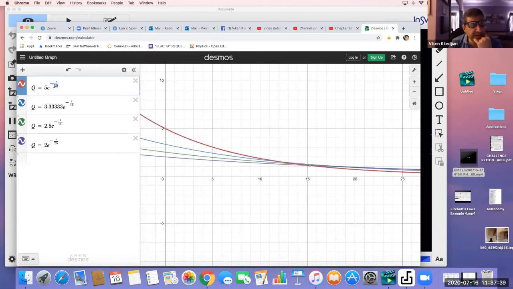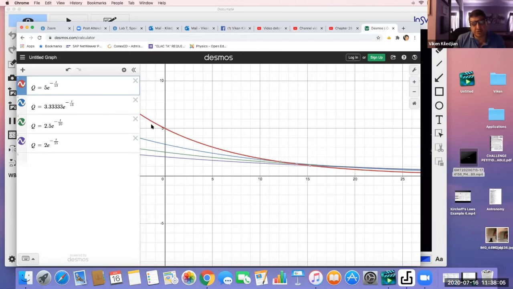Because the time constant is the least. This is the least resistance, right? If it's least resistance, then the time constant is shorter. It's only 10 seconds here. 10 seconds is the time constant. So if its time constant is shorter, it should start decreasing quicker.